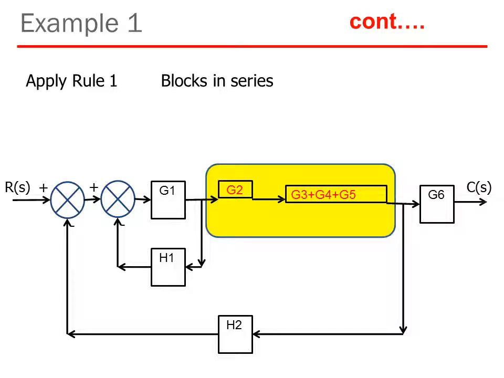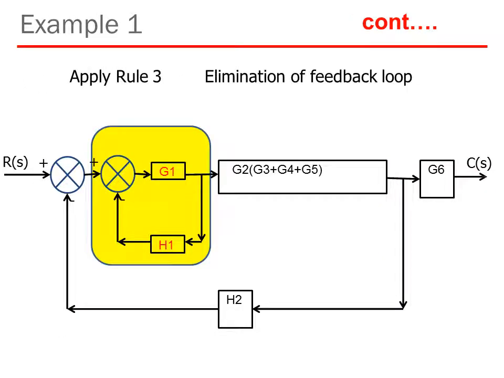Now G2 and this G3 plus G4 plus G5 are in series, as shown in the highlighted block. So now you can apply rule 1, blocks in series. When the blocks are in series, we multiply the gain. So G2 will be multiplied with G3 plus G4 plus G5.